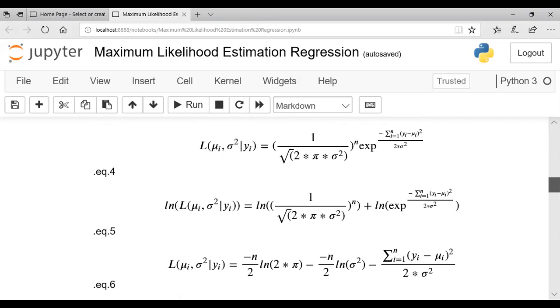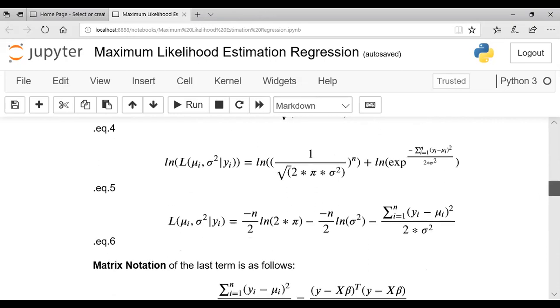So if you take ln, log base e, on both sides, you get the log likelihood, because the log of AB means log of A plus log of B. So this is log of n plus log of this.